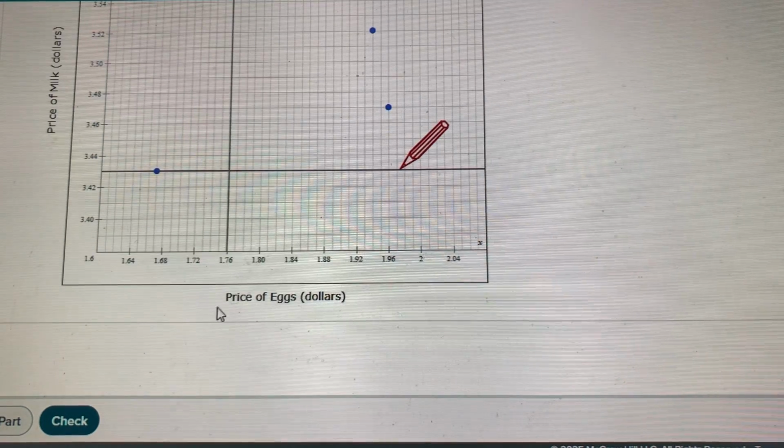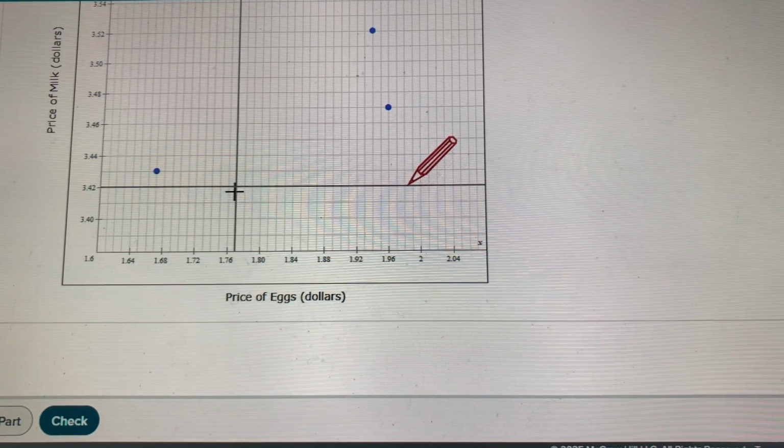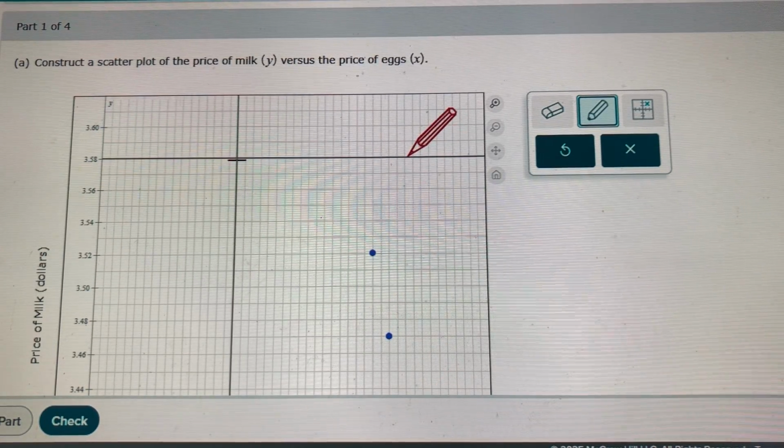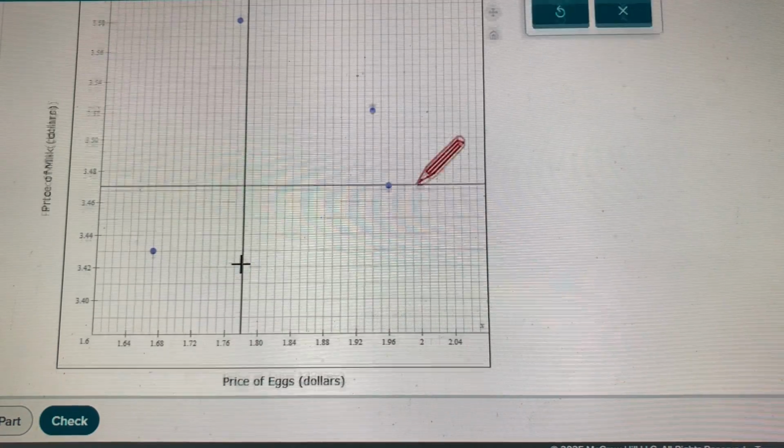This one's hard to see because once you go up, you can't see the 177 anymore. Right there, I think I got it now.